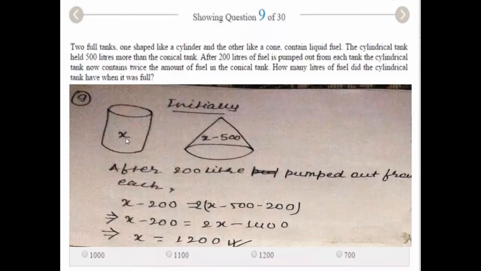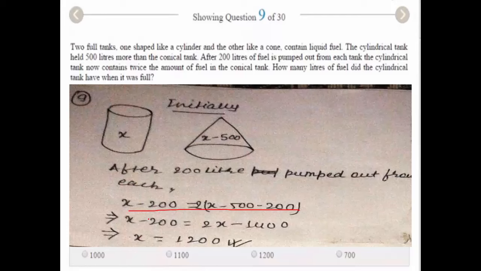This is the solution. First of all, let the cylindrical tank contain x liters, then the conical tank contains x minus 500 liters. After 200 liters is pumped out from each, the equation is formed like this: x minus 200 equals 2 into x minus 500 minus 200, because it is twice.